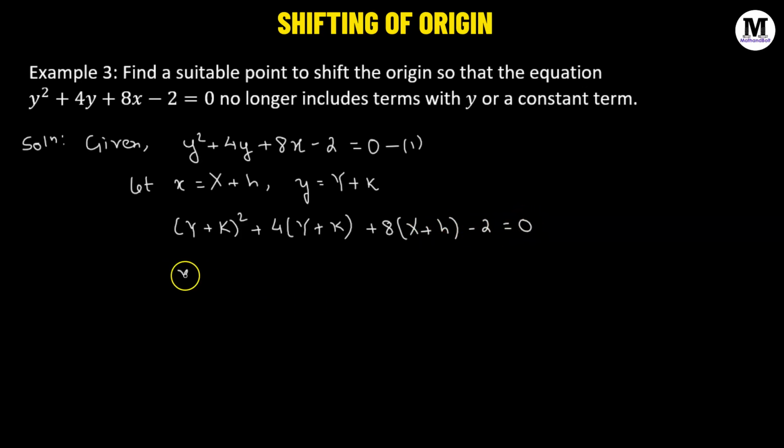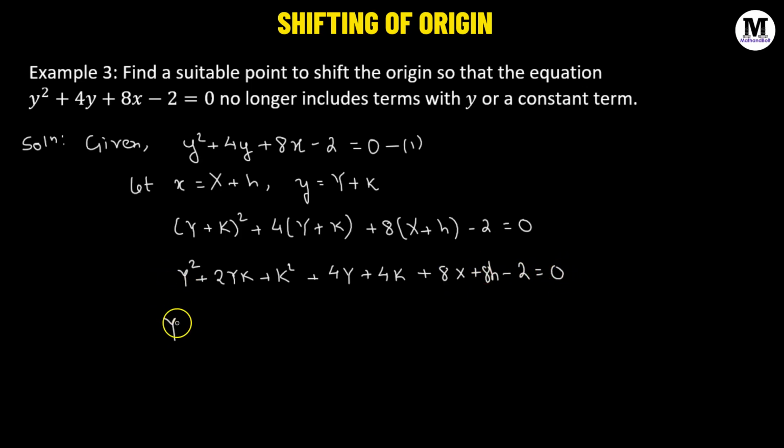Now let's expand Y plus k whole squared. We'll get Y squared plus 2 times Y times k plus k squared. Then we have plus 4Y plus 4k plus 8X plus 8h minus 2 equals 0.